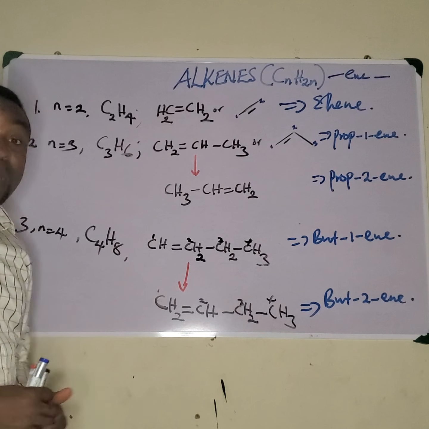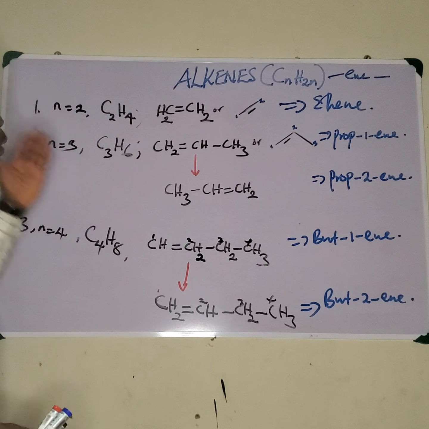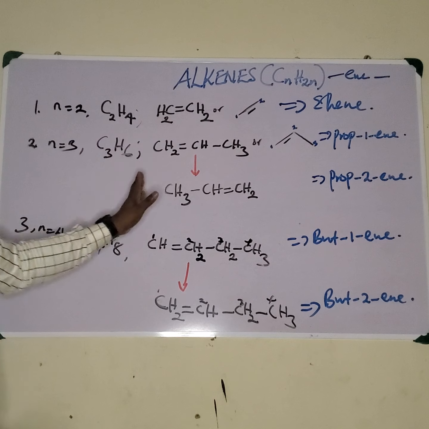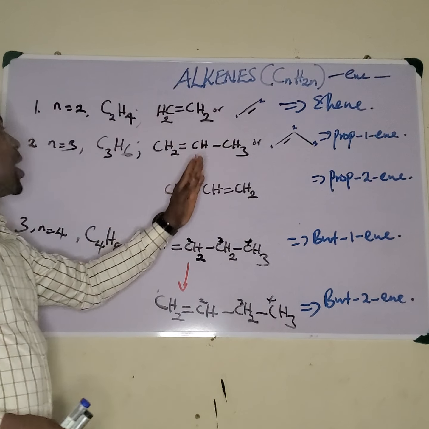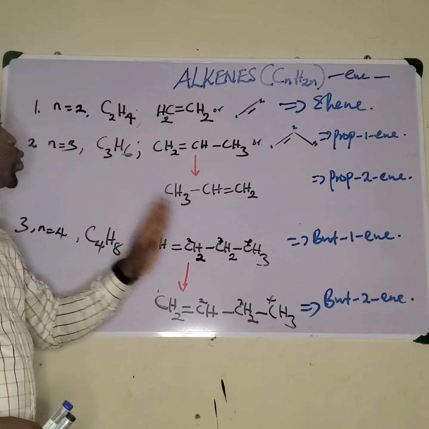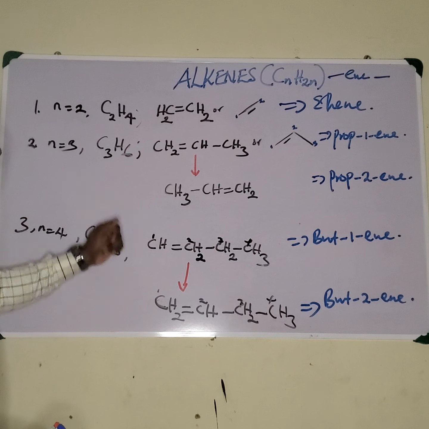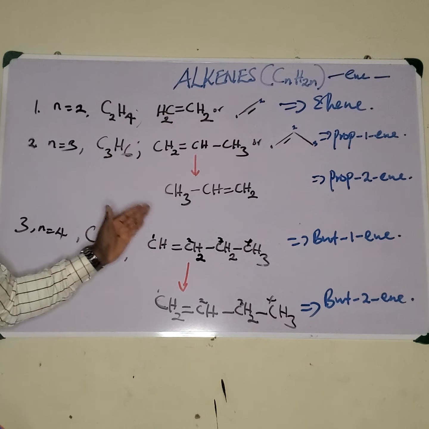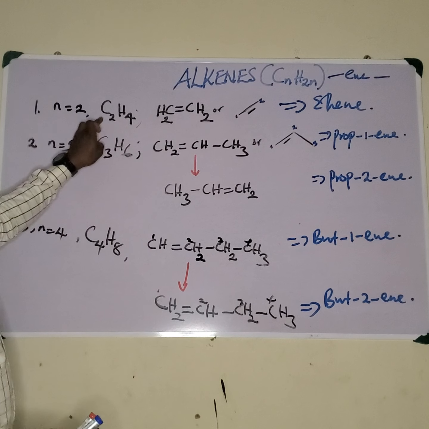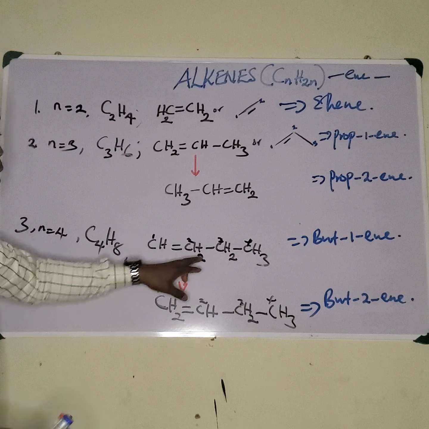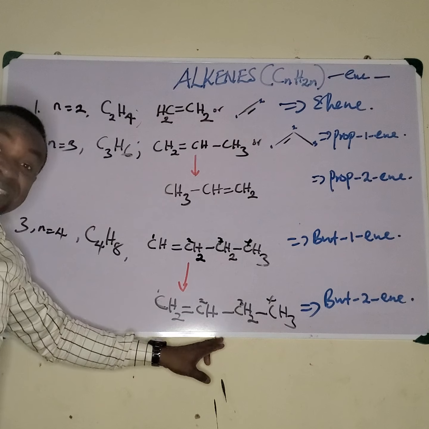But I think this one is enough for us to know some of the members of our alkenes. Remember, alkenes have the general molecular formula CnH2n. So you can use this formula to get all their members, and you can also use it to get some of their isomers. When you have a particular member, you can get its isomer.